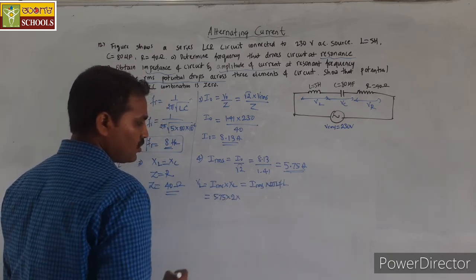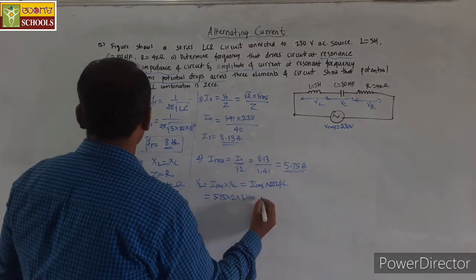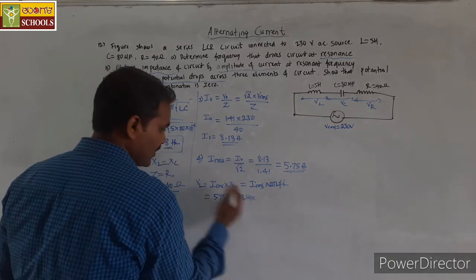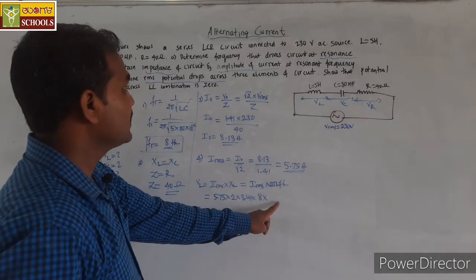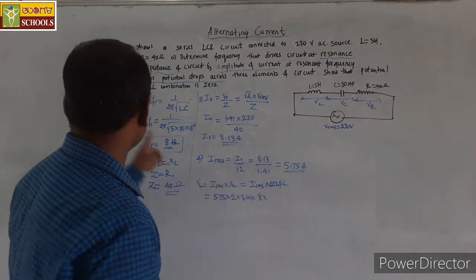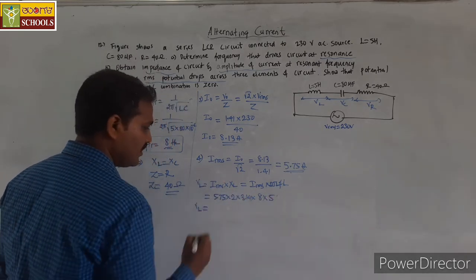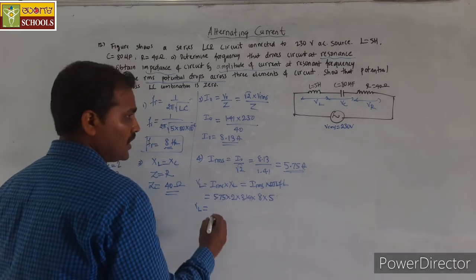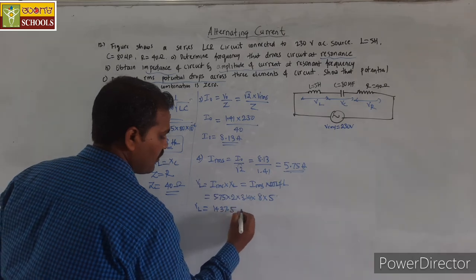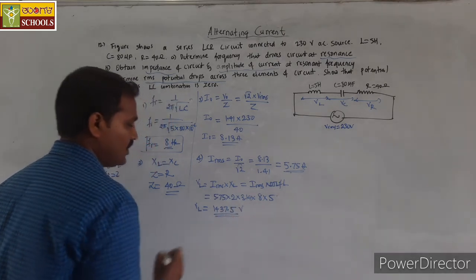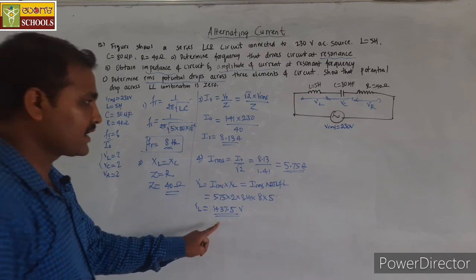I get 2 into pi, which is 3.14, F is the resonant frequency 8, into L, the inductance, that is equal to 5. Simplifying this, I get VL is equal to 1437.5 volt. This is the value of the potential drop across the inductor.